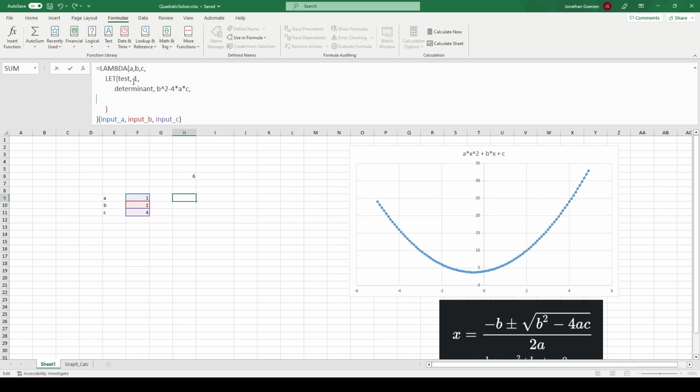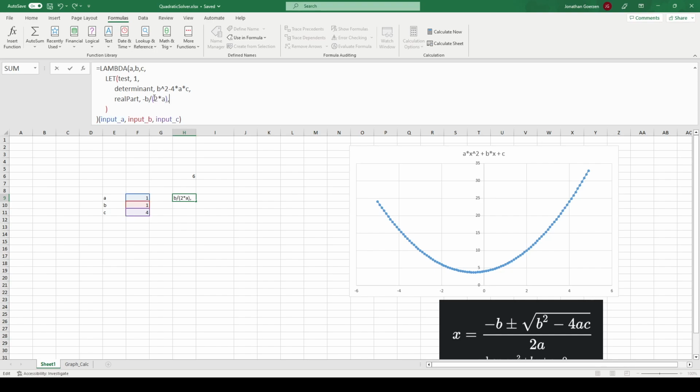Now our solution is going to have two parts. We're going to have a real part, which I'm going to call real part. And in our heads, I'm going to take this 2a and distribute it to both sides. I'm going to break this equation up. So the real part of this is going to be minus b divided by 2 times a.